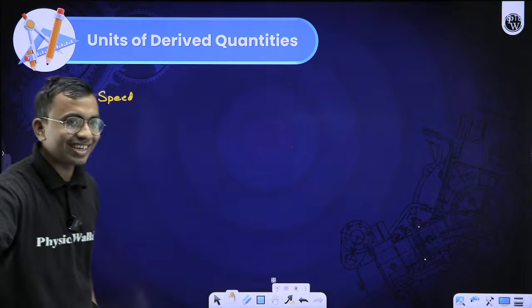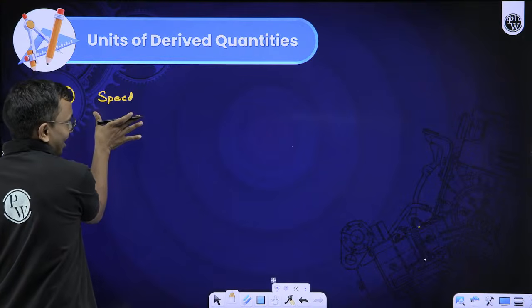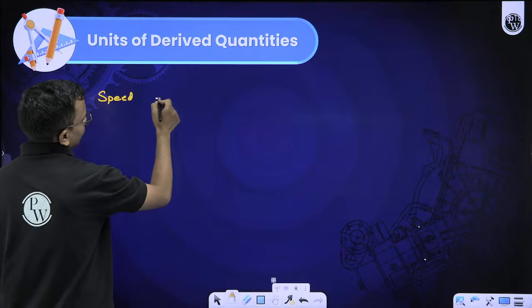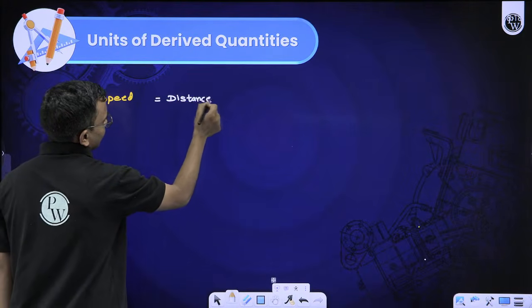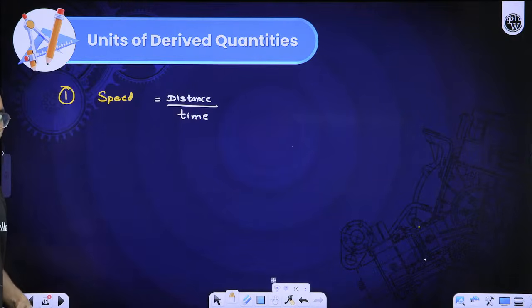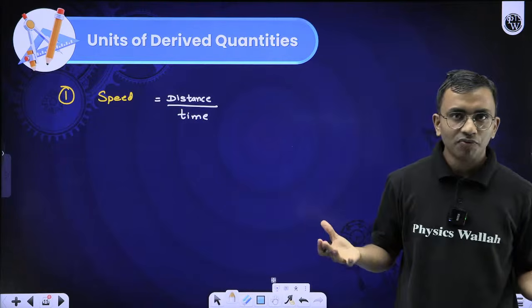Okay, so any quantity you like, this is a derived quantity, I'm taking speed. First of all, write the formula which you know. So I know speed is equal to distance divided by time. Now distance is a length. What is the unit of length?